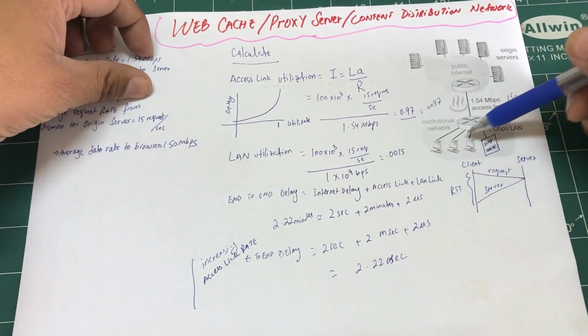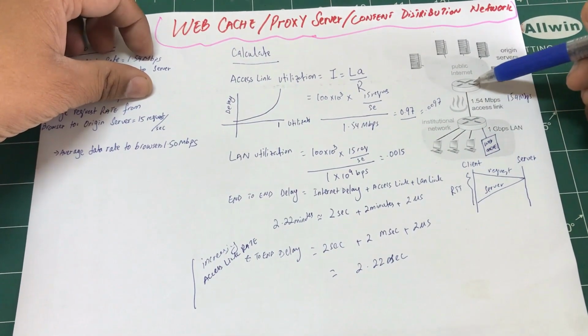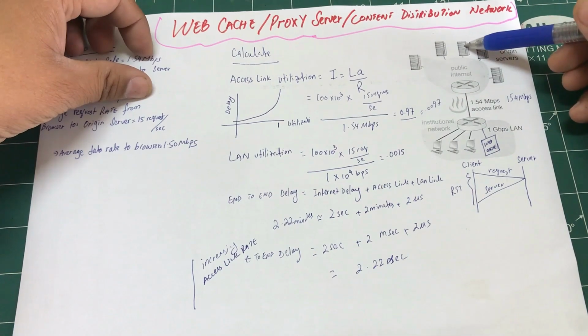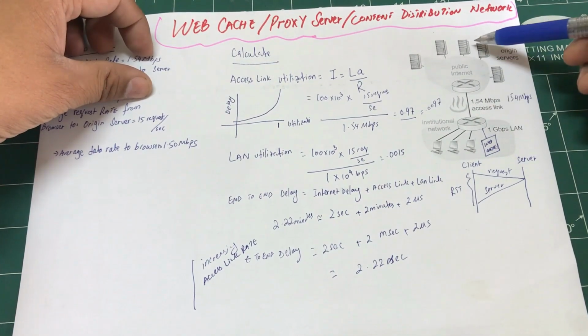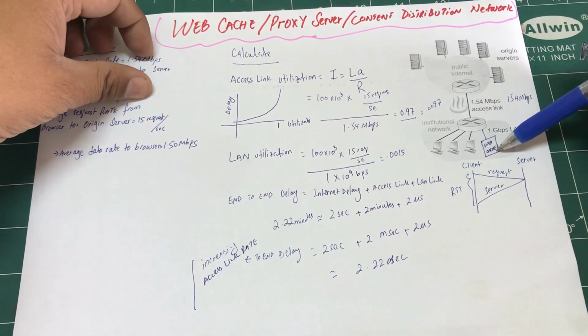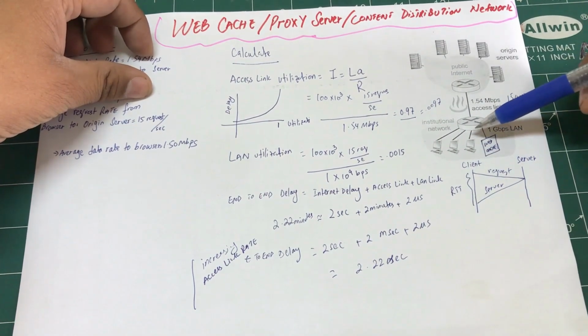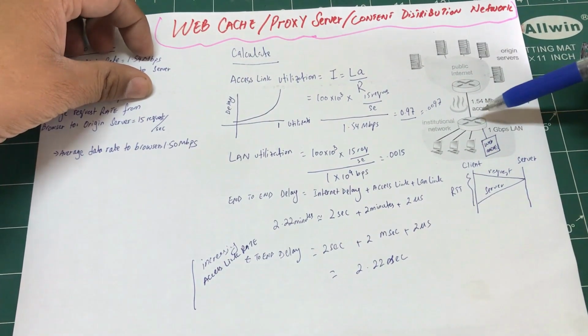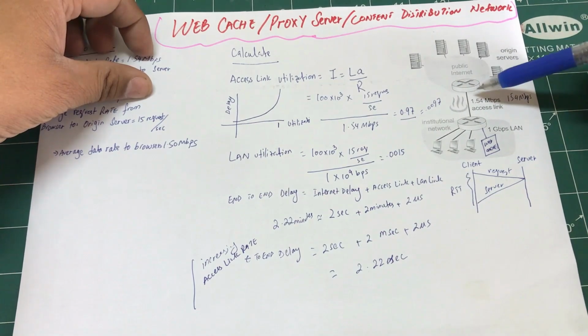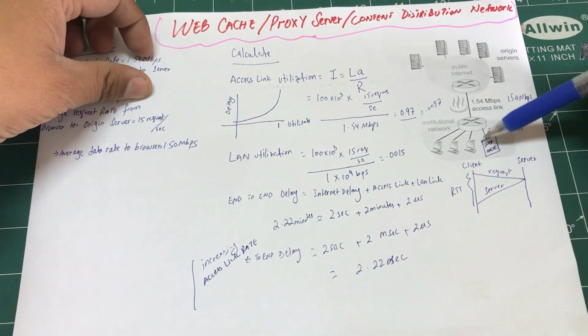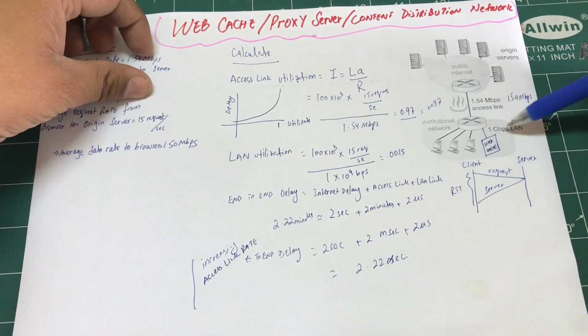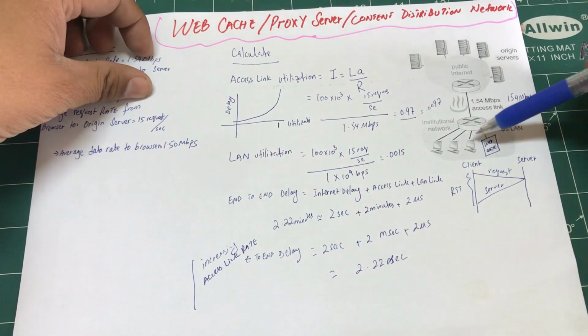Instead of going all the way from this router through this access link to the server every time I need that page, I have a copy of it. So this request is served within that network using web caches, instead of going to the origin server, because the transmission rate on this network is about 1 gigabit per second.